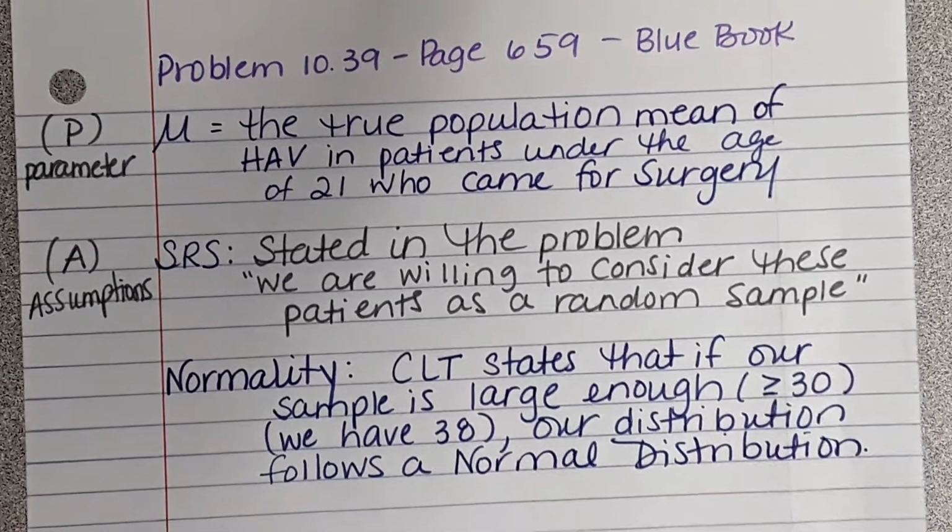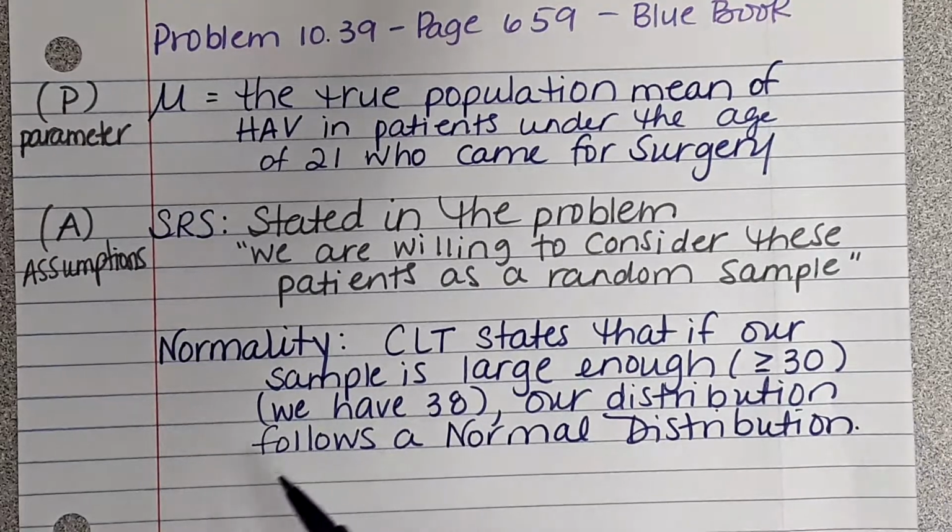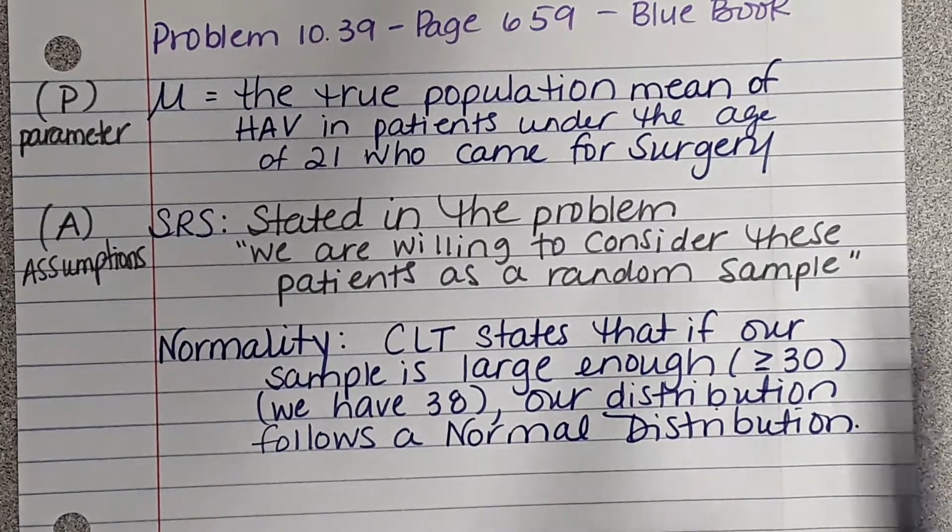What's another way you could have said that? CLT states that if our sample size is large enough, greater than or equal to 30, we have 38, our distribution is approximately normal, right?